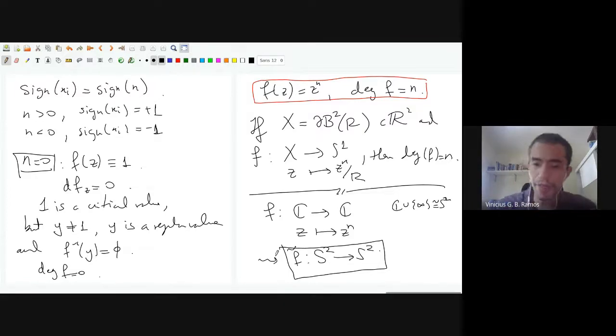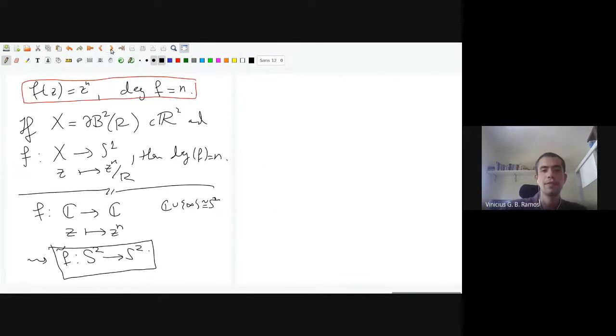And now you can ask about the degree of this f tilde. It's not very surprising, it's the same calculation. You have to be a little more careful because now your manifold has dimension 2, and the derivative is slightly more complicated, but it's pretty much the same calculation.